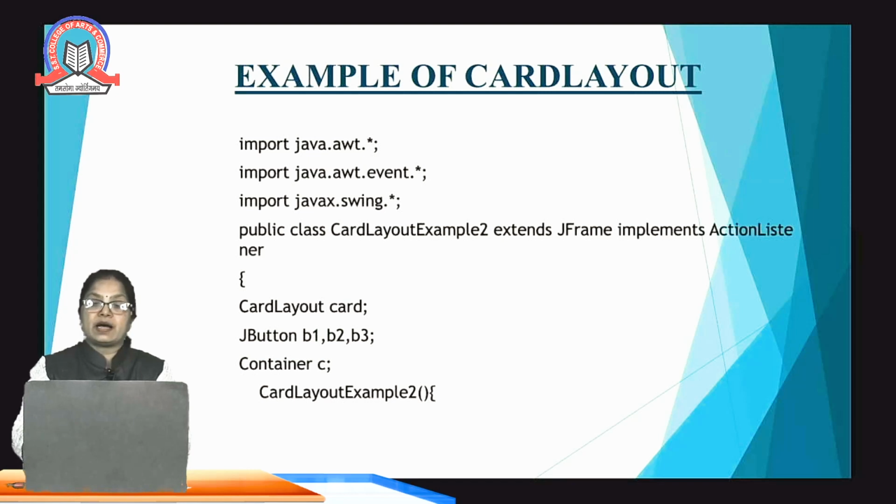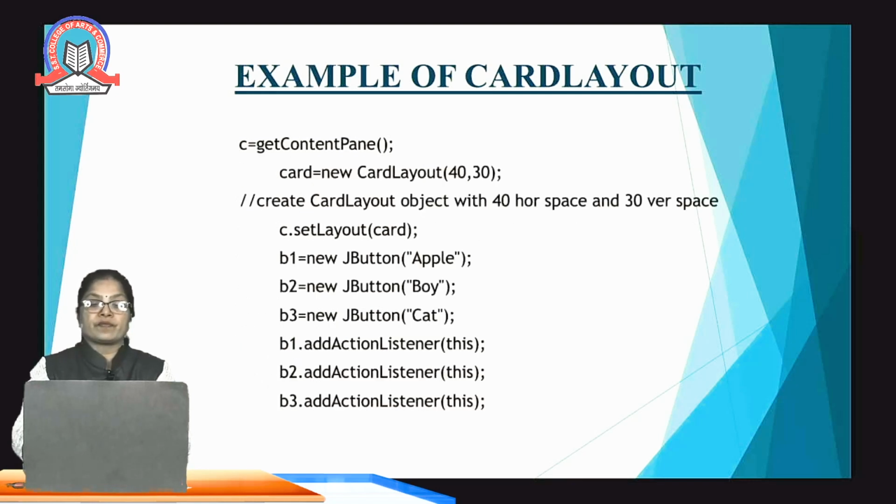And this is the example of card layout. In this example, we are creating 3 buttons: B1, B2, B3. And after creating these buttons, we are adding these buttons, and we are also providing the action listener to these buttons.